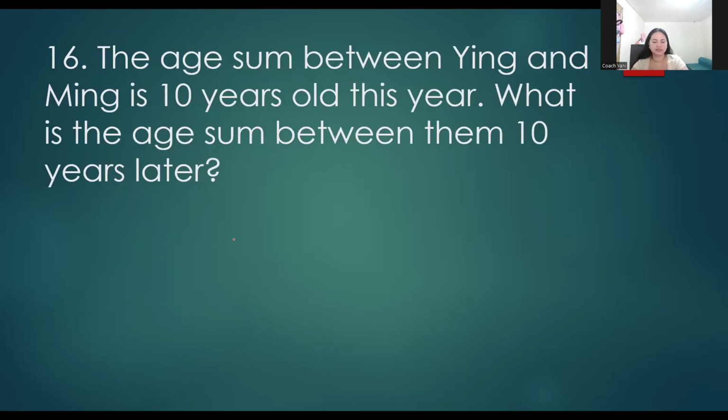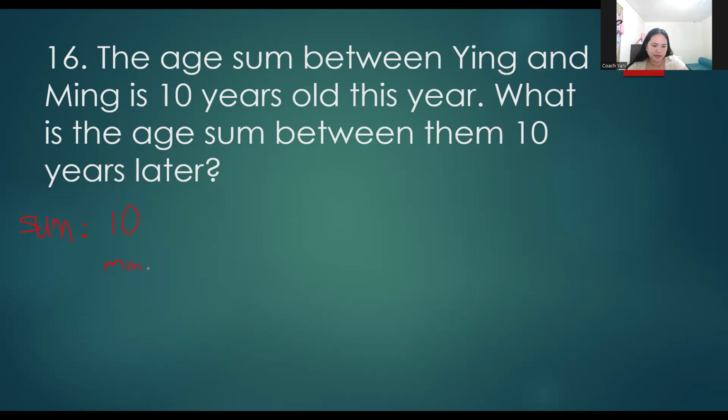So Winston's answer is 10. Let's find out. How do we do that one? So right now, the sum is 10, right? Sum is equal to 10. And then 10 years later, what would be the sum? So that means the age of Ming, you have to add 10 to Ming's age, right?